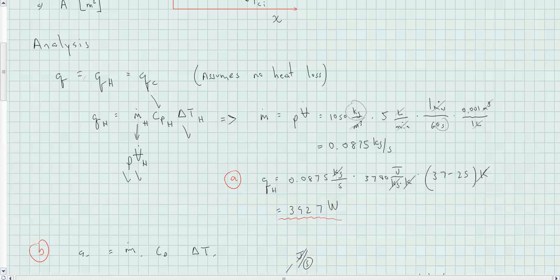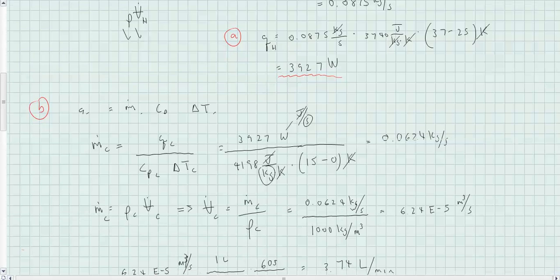In this case, we attacked Q_H, and we were solving for Q_H. So since we had the V dot sub H, and we had the properties for rho, we were in good shape. A is a straightforward calculation. This next calculation for Q_C, just make sure this is clear, was also straightforward.